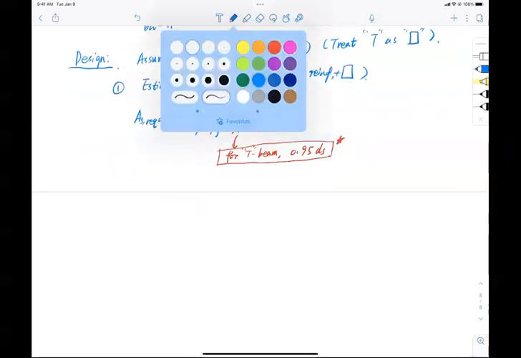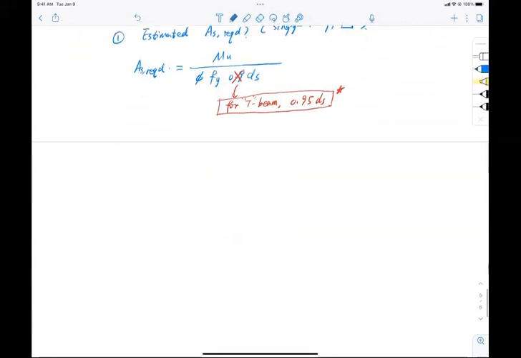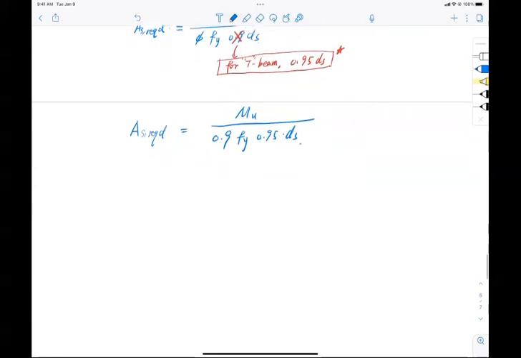That is to say that now AS required for this case would equal to, well, let me just move this to the next page. So later when I convert, you will still see this, okay? AS required equal to Mu factored moment divided by phi and 0.9, which we always assume, and then Fy, and then 0.95 ds. Okay, so that is how much reinforcement required.